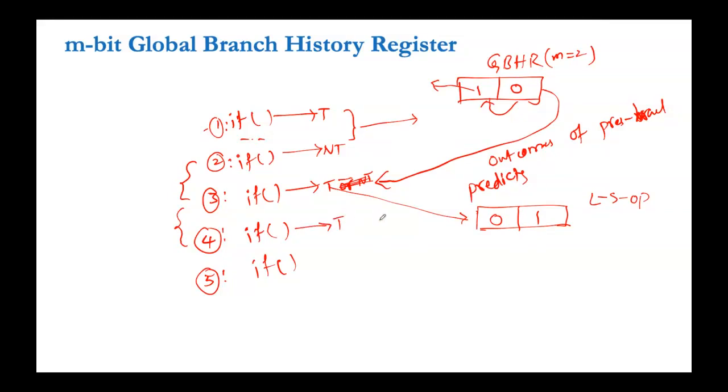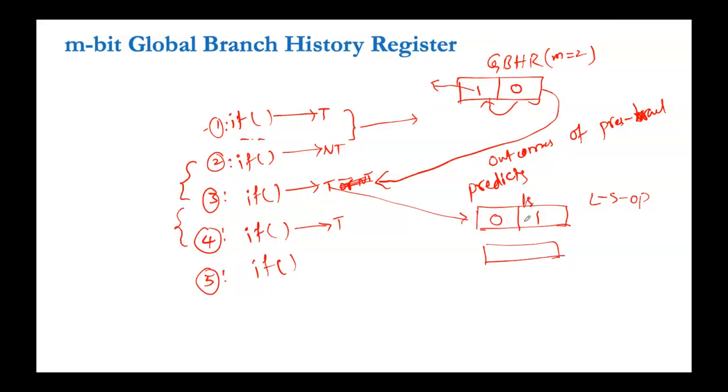Suppose this status says likely not taken, but assume the prediction outcome comes as taken, for example. Then to predict the fifth one, once it is taken, this will be updated by doing the left shift operation.